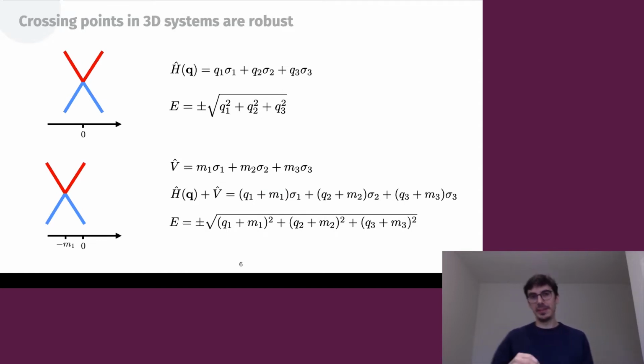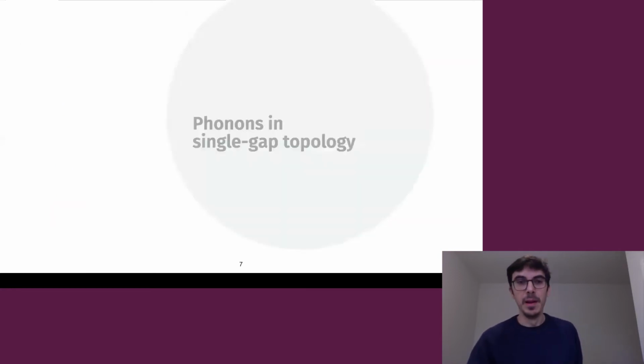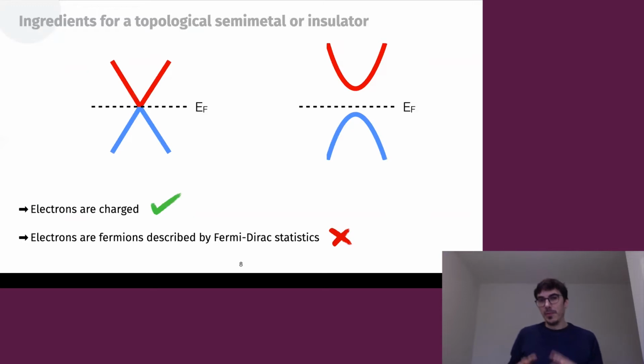The reason is that they often happen very deep in the valence bands or very high in the conduction bands, and therefore we cannot access them. It's only when they happen at the Fermi level that we can really access them in electronic systems. So in a sense, this is a limitation of electronic systems: we need to be lucky and have the Fermi level where the interesting topology happens.